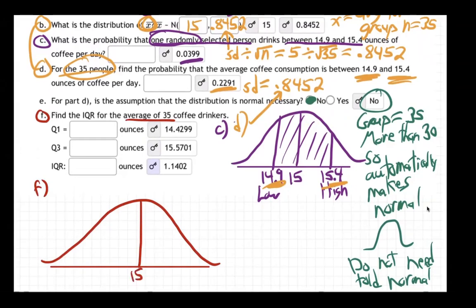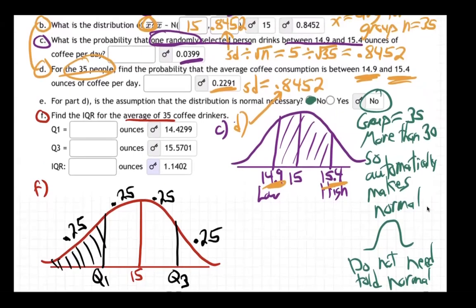You know where the Q1 area is, about right there, and Q3 is about right there, 0.25. So here's Q1.